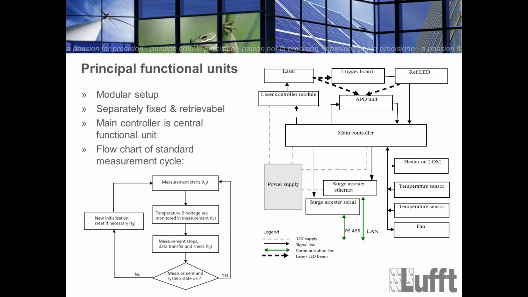This kind of collecting of different information is done by this main controller. On the left side you see also a typical measuring cycle. In each cycle, all the statuses are measured together with the raw data itself.